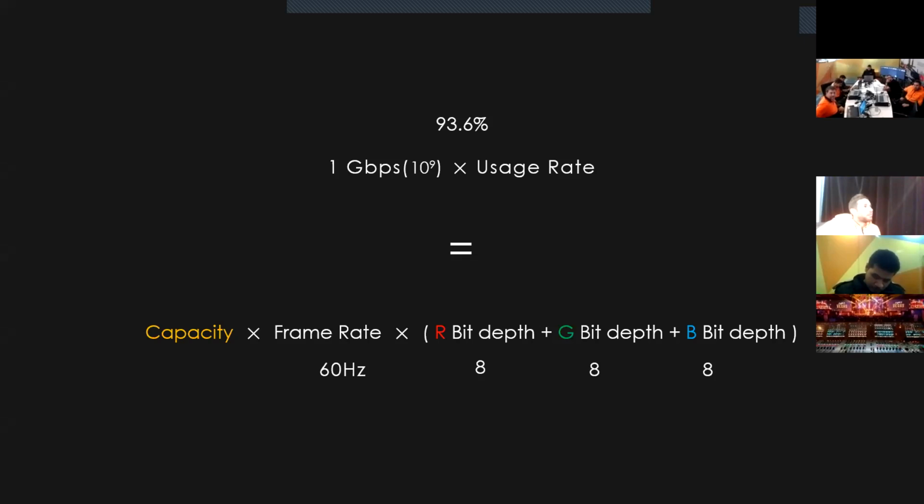So the one port bandwidth equals the capacity times the frame rate times the R, G, and B bit depths. We do the math here, and the capacity is around 0.65 million pixels.